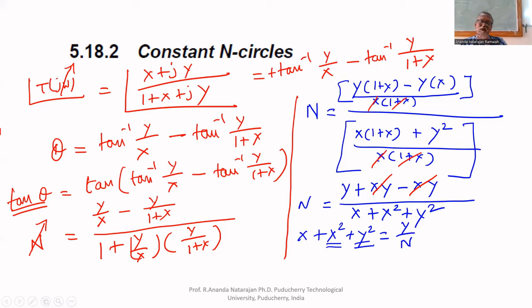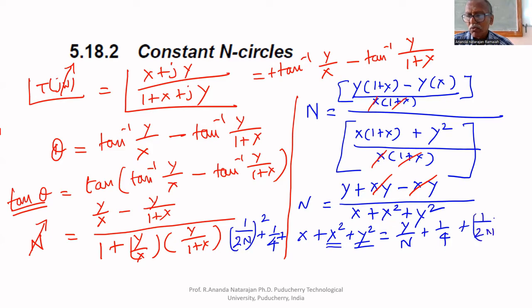That's why it can be proved as a circle, equation of circle. Add on both sides 1 by 4 and 1 by 2n whole square.